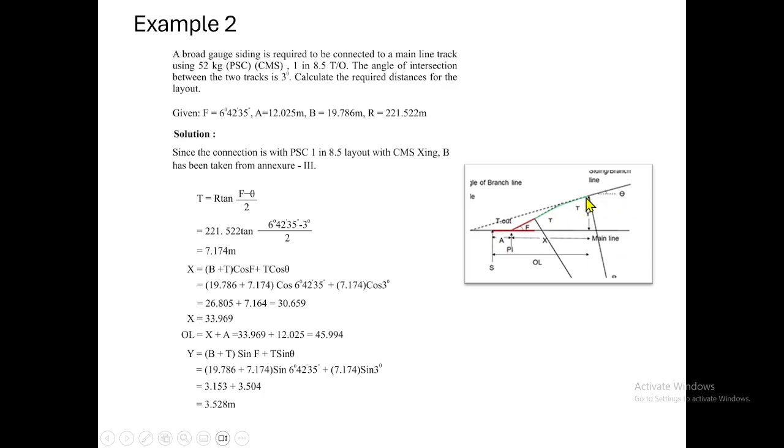So we can keep the distance Y, the perpendicular distance, mark the point on the main line, and from here we can measure the distance equal to the overall length. That will locate your SRJ. Once you know the SRJ, you can assemble the points on crossing, insert in position here. Then after that, you can introduce a connecting curve, connecting the heel of crossing and the tangent point.